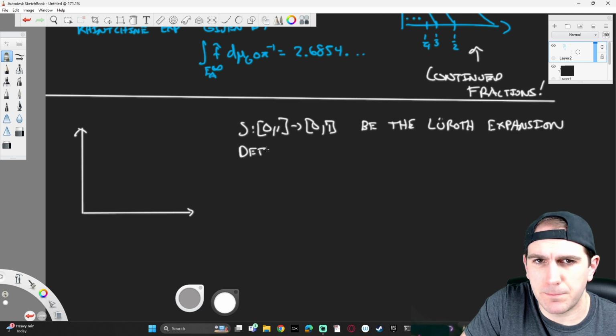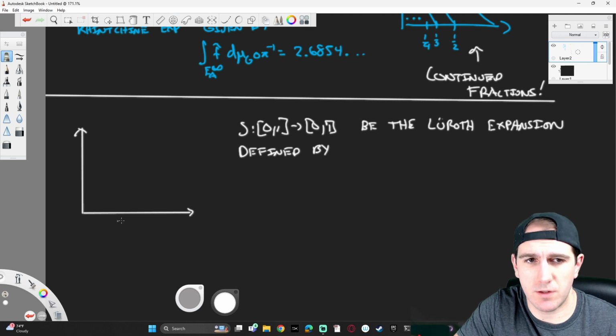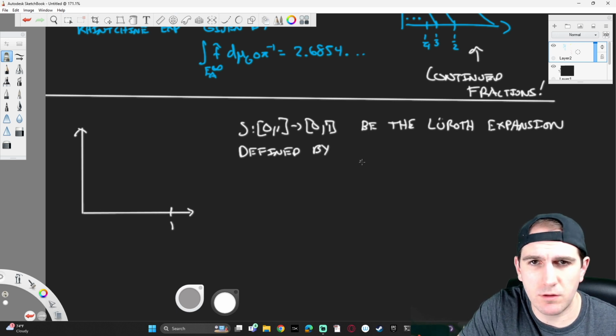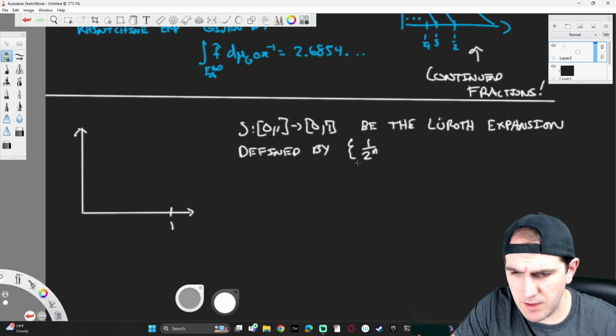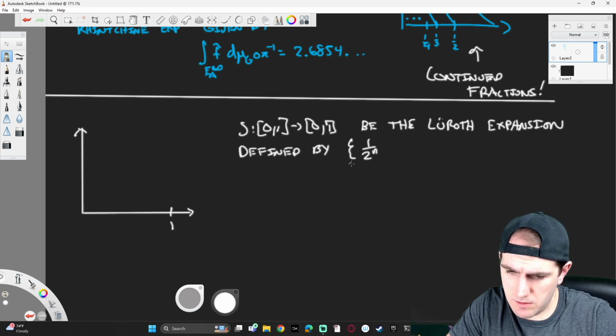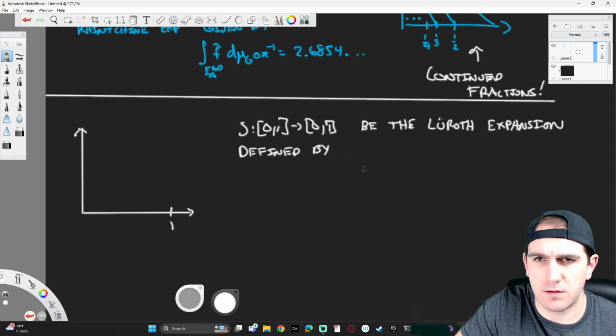Defined by the descending or strictly decreasing sequence of terms in the unit interval, 1 over 2 to the n. I think that's what I want. So in particular, I don't need to define the sequence for this.